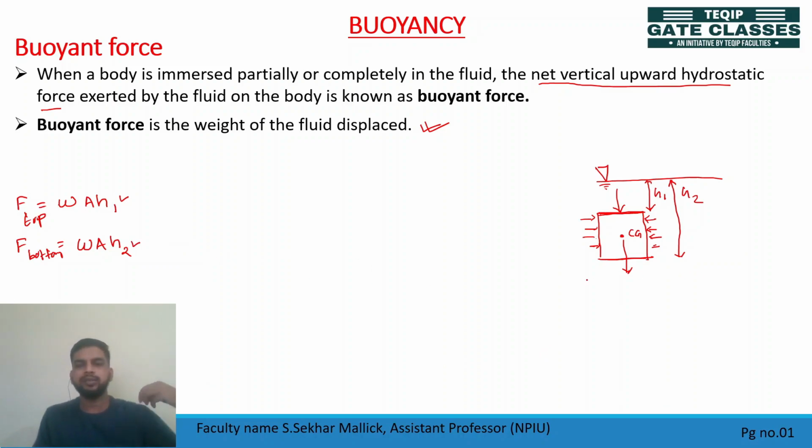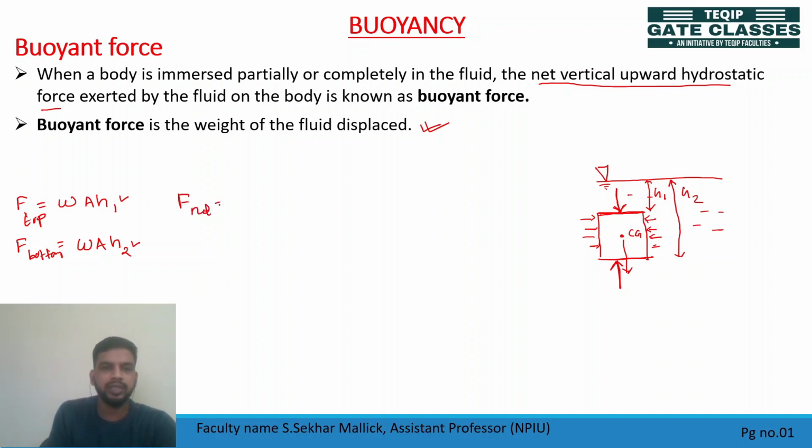Omega is what? Omega is the weight density. Weight density means rho g, where rho is the density of the fluid. At the top surface the direction of force is downward, but at the bottom surface the direction of hydrostatic force will be upward. So what is the net resultant force?